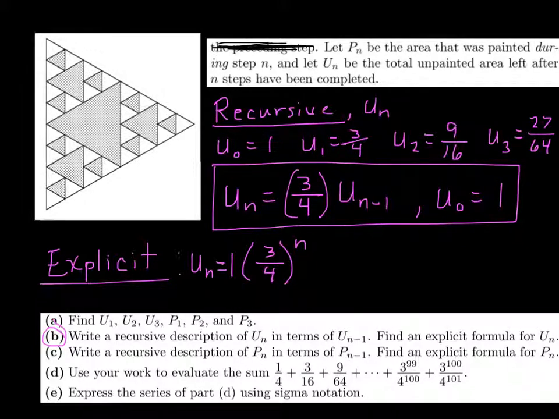That works. Somebody last period came up with the idea: what if we did u sub n equals 3/4 times 3/4, but now I'm going to go n minus 1. Does that work? That also works. If I plug a 1 in here, 1 minus 1 is 0. 3/4 to the 0 is 1. You get 3/4. That works.